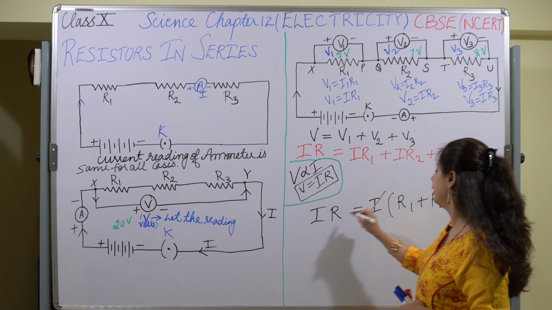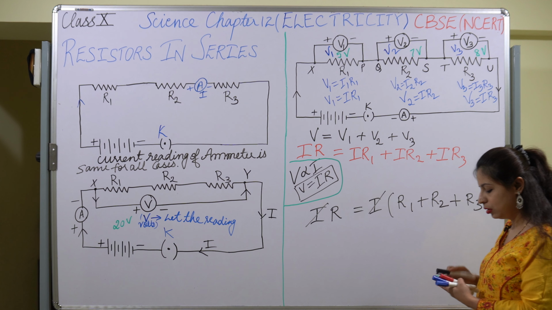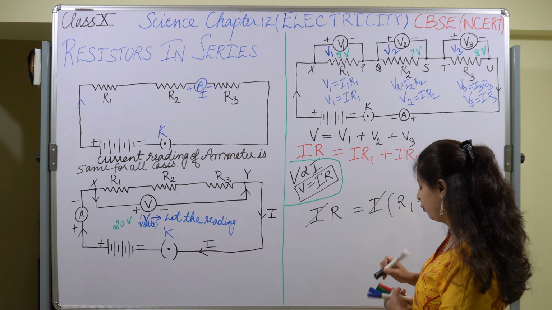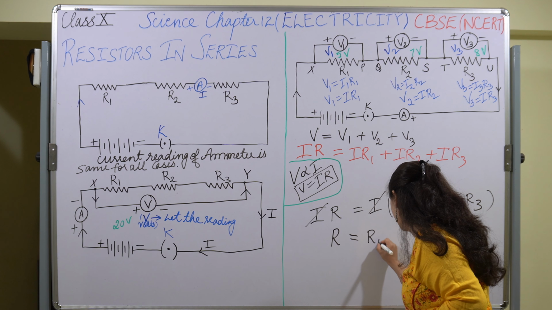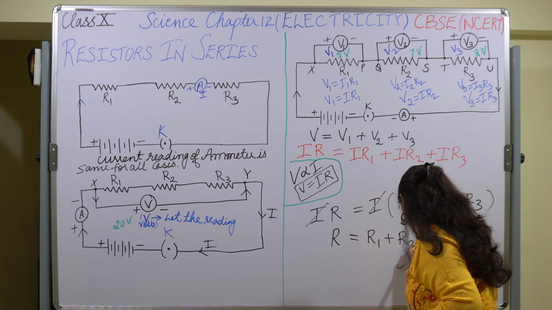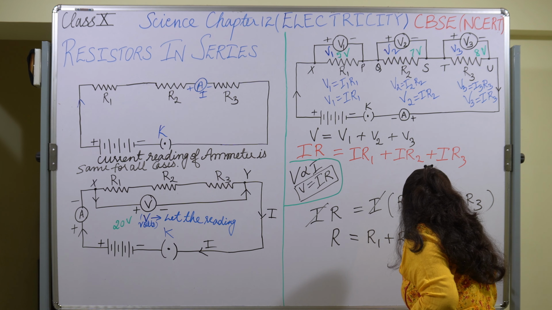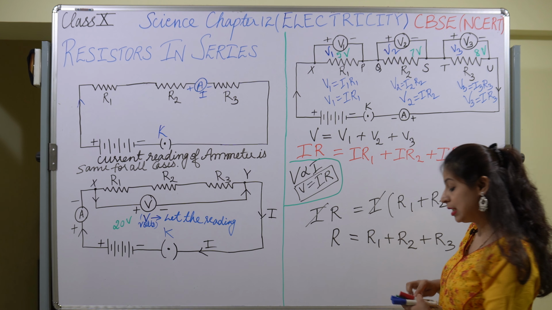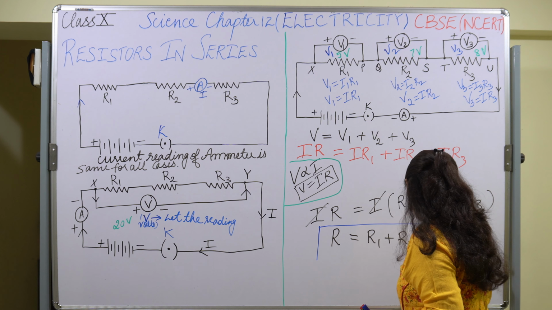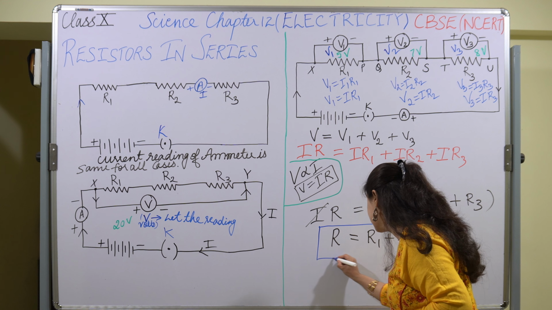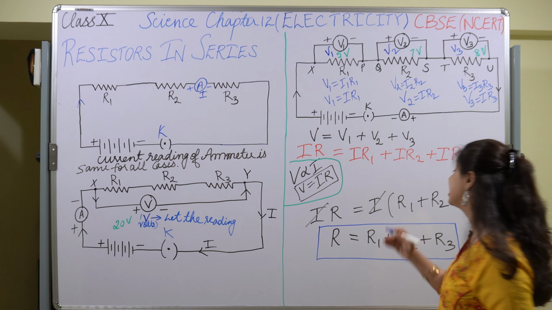Then I and I get cancelled over here. So we are left here with R is equal to R1 plus R2 plus R3. So this is the equivalent resistance when the resistors are connected in series.